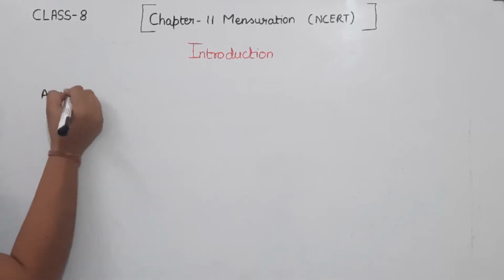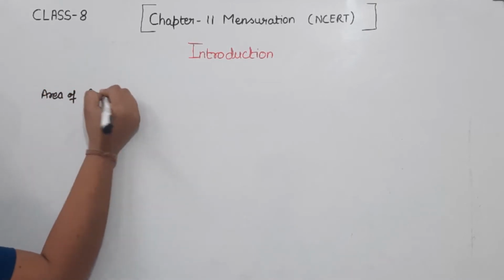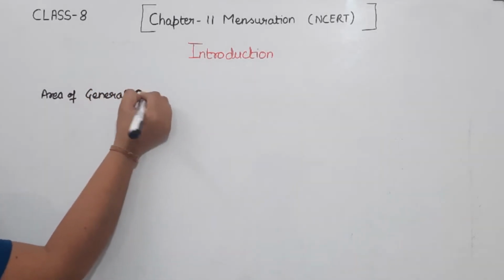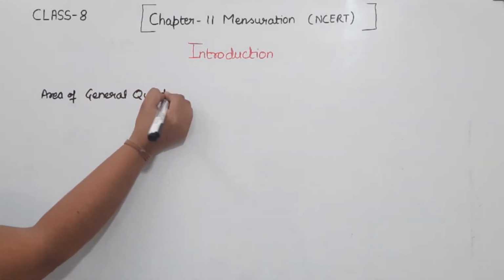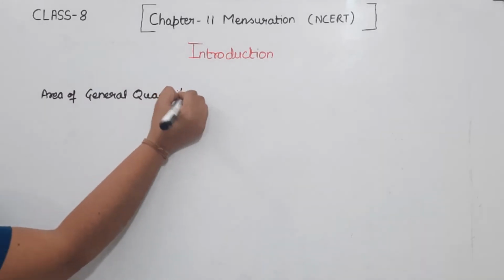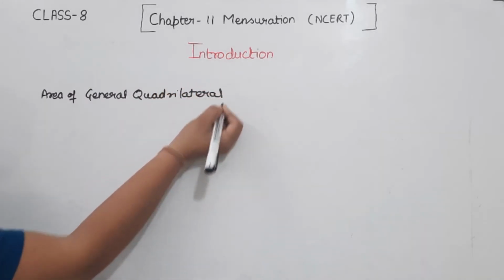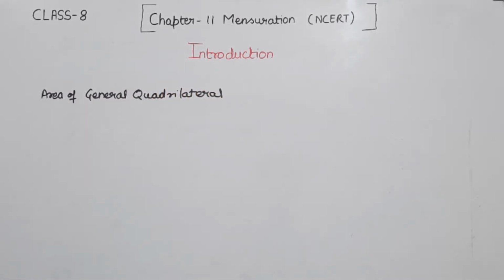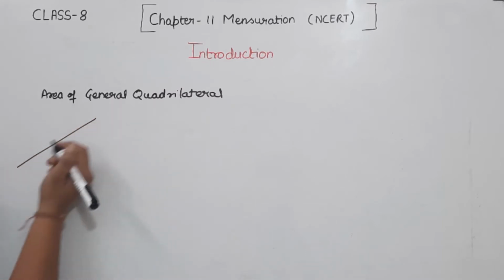So we'll find the area of general quadrilateral. Now suppose this is a general quadrilateral we are having.